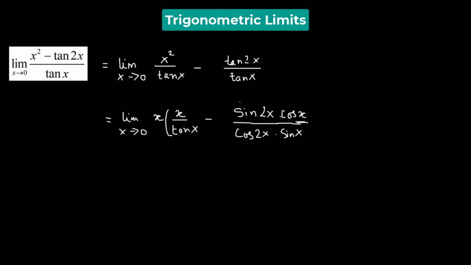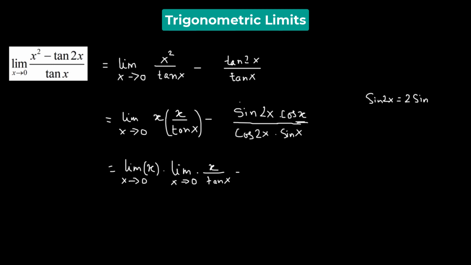Now when we apply the limiting value to each of the functions, so we have limit x going to 0 of x times limit x going to 0 x over tangent of x minus, now sine 2x is an identity which when expanded gives us 2 times sine x times cosine of x.